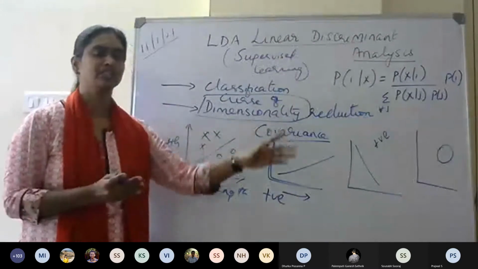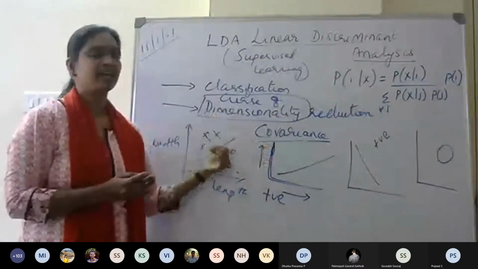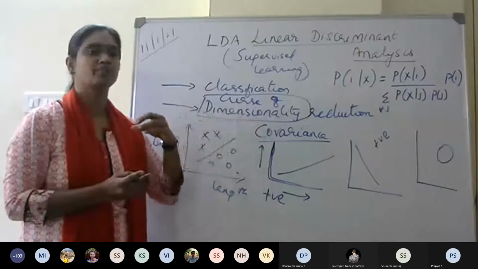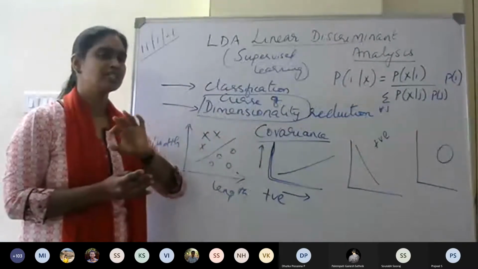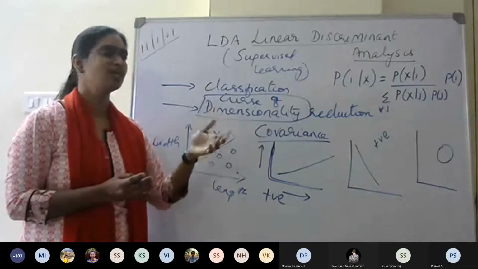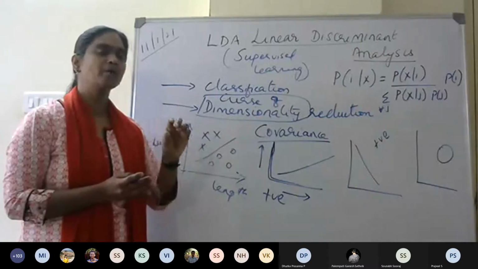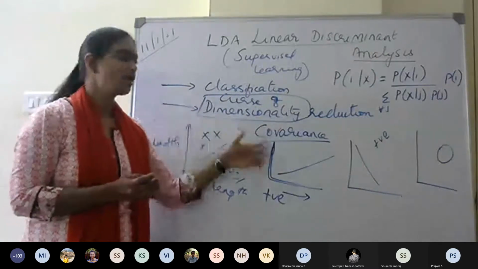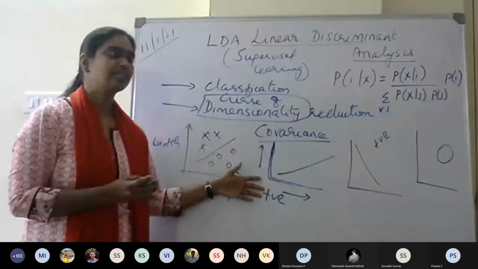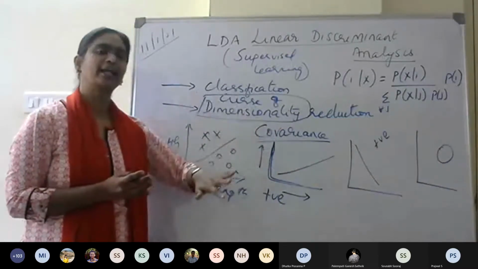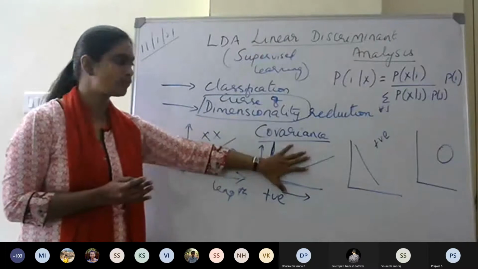Height is measured in terms of feet and weight in terms of kilograms or pounds, whatever. So in that case, both are not of the same unit of measurement. So I can only talk about the trend between them, positive or negative or no change. Okay. So in that case, we cannot talk about the magnitude in terms of this covariance.